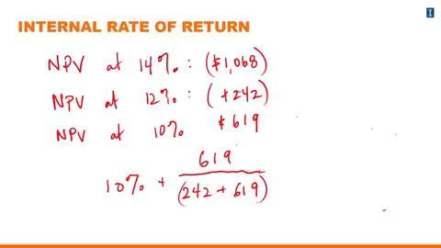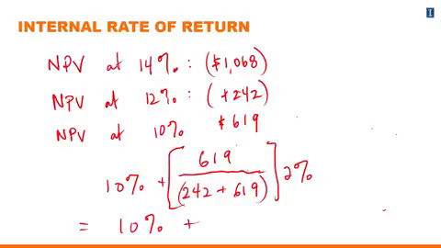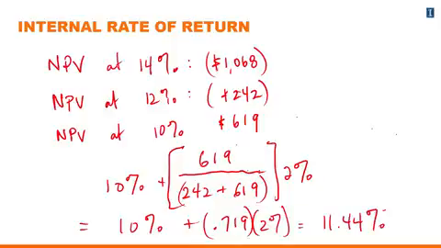If I multiply this entire ratio by the 2% range, I can calculate that to be 10% plus 0.719 times the 2%, which is equal to 11.44%.